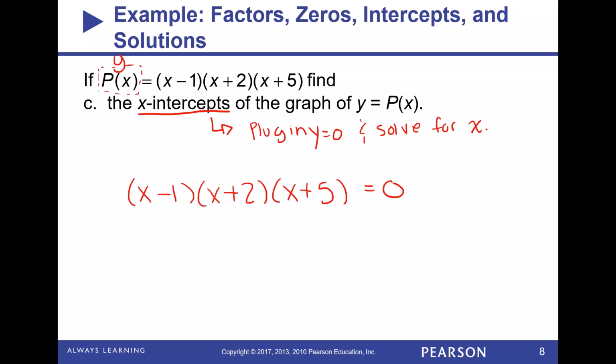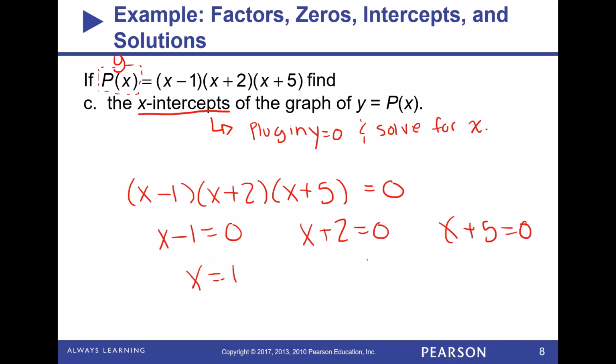All three of these are actually the exact same steps. Make sure that the function itself is fully factored out and set it equal to 0. Then set each one of those factors equal to 0 and solve. And there you have it.